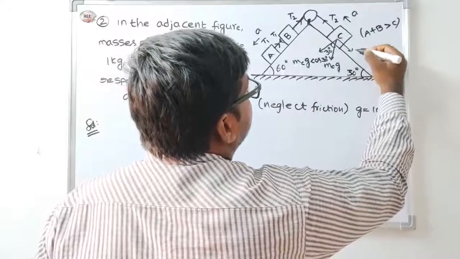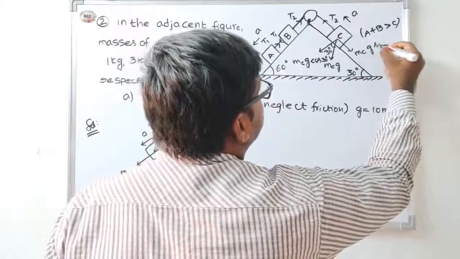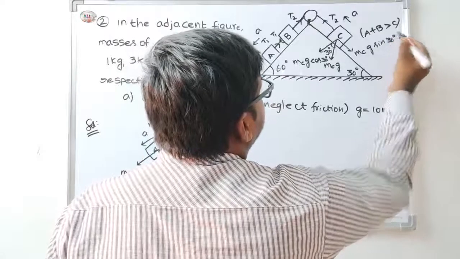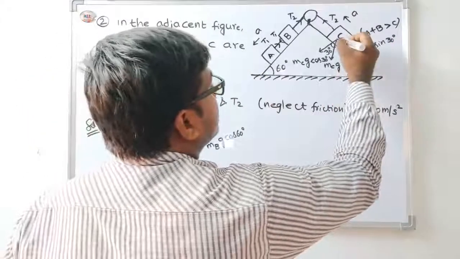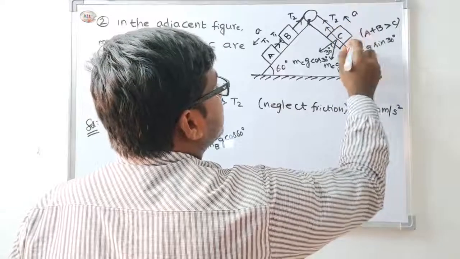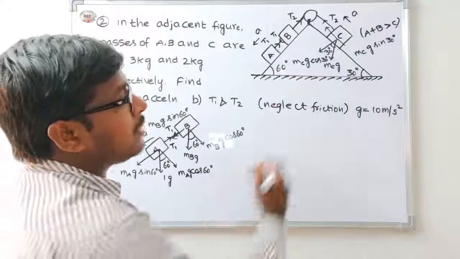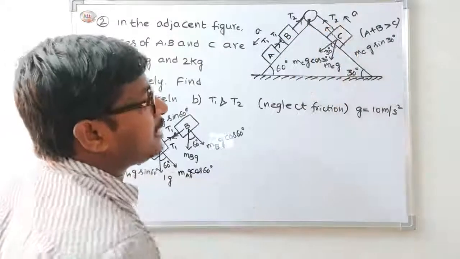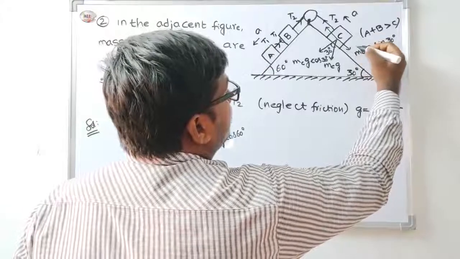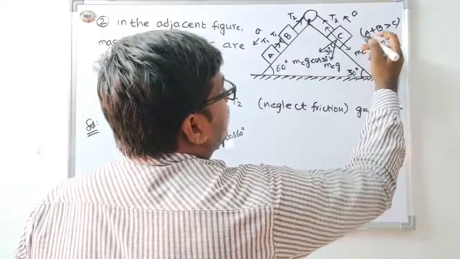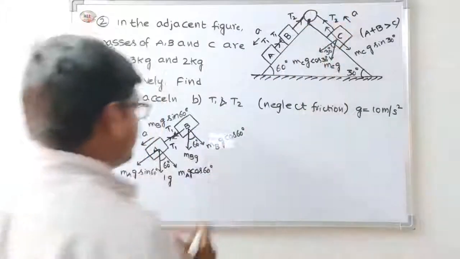In this direction, MCG sin 30 degrees is resolved into two components. This is the horizontal and this is the vertical component. In this side the acceleration is acting in forward direction.